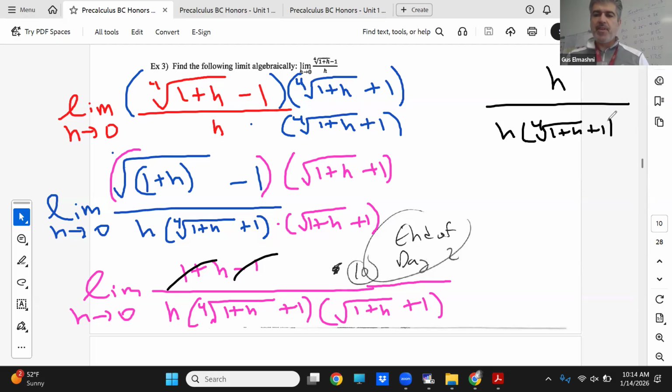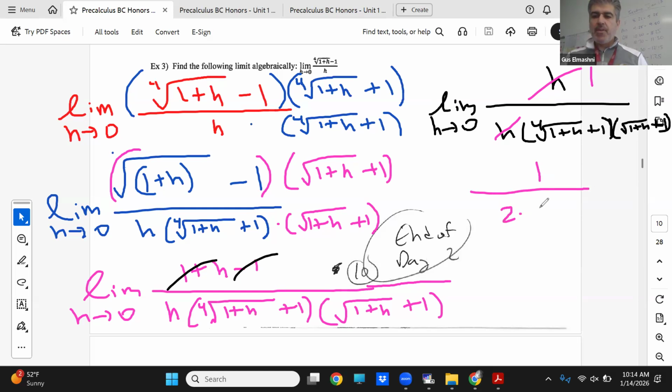That's your SAT word for the day. But more cancel, right? What else cancels? I want you to write it again because I don't want you to cross off too much in one of the steps because it gets kind of confusing. Now I could plug in 0 for h, and I get this. Final answer, 1/4.